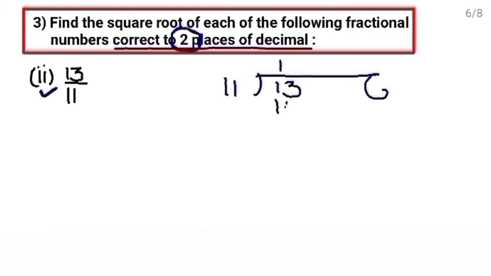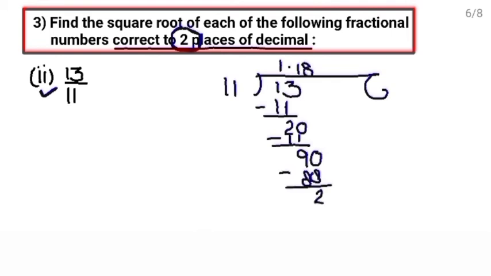11 ones are 11, subtract, 2, put decimal, 0. 11 ones are 11, again subtract, 9, 0. 11 eights are 88, subtract, 2, 0. Because you have a decimal, you can take 1 0. 11 ones are 11, subtract, 9, 0.